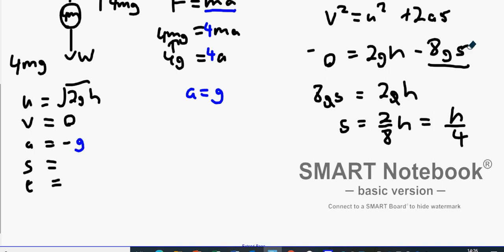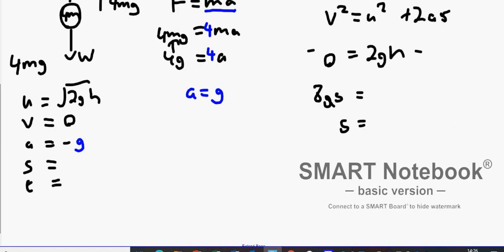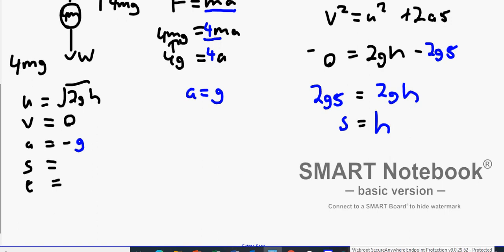So this here should be minus 2gs. That will make that 2gs equals 2gh. The 2g's cancel, s will equal h in this case. So just be aware of the little things when you're not using m, you're now using 4m. It can happen very easily. So just make sure you fix up those mistakes as they happen.